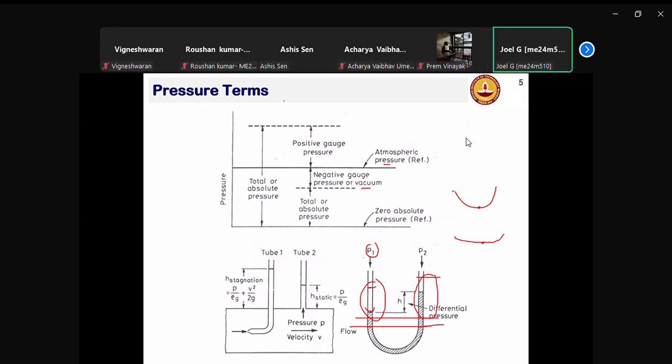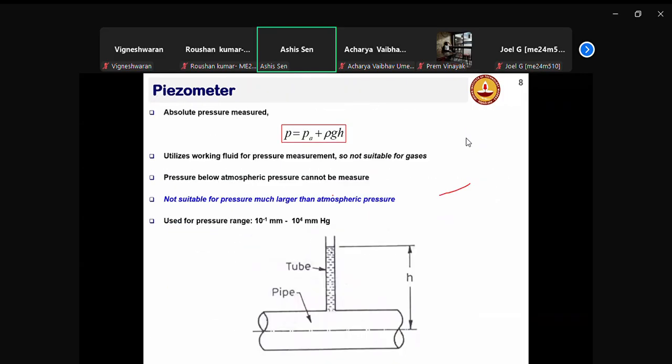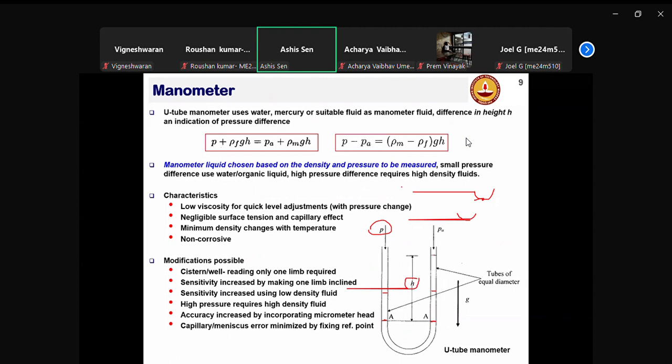Sir, one doubt. Should the working fluid always have higher density than the measured fluid, or is there no such rule? See, when you have a vacuum pressure, P will be less than Patm, so this will be negative.